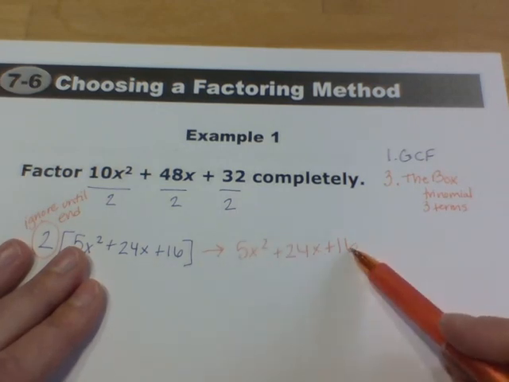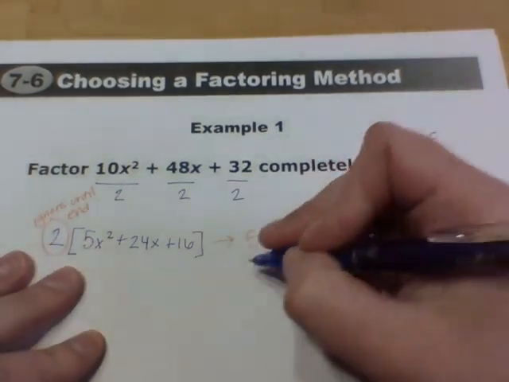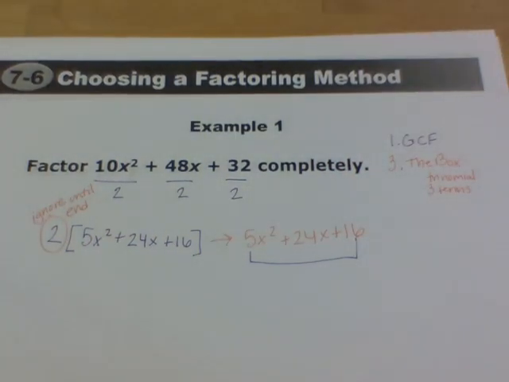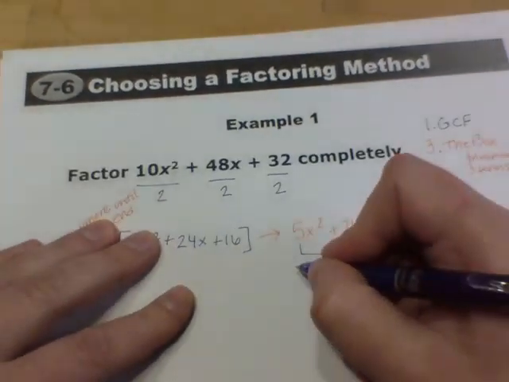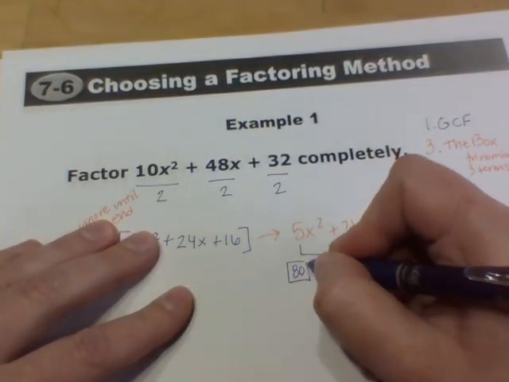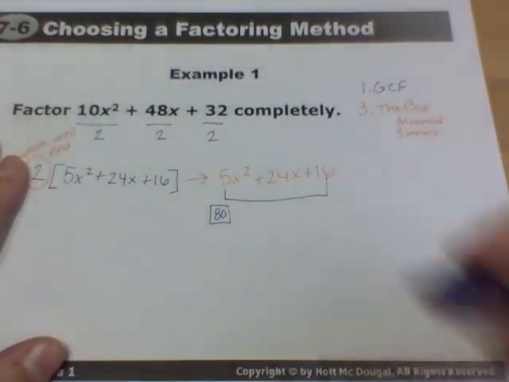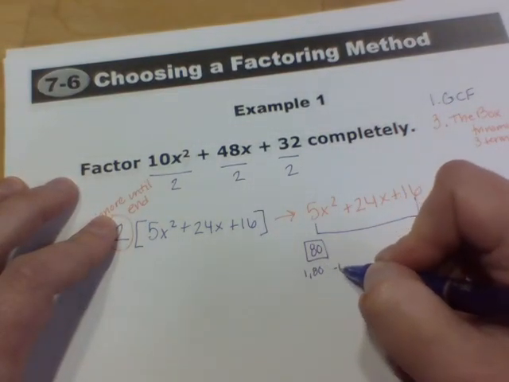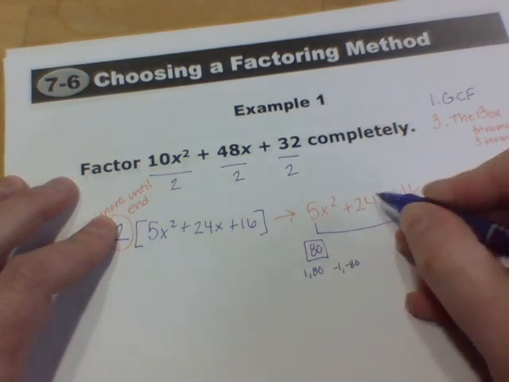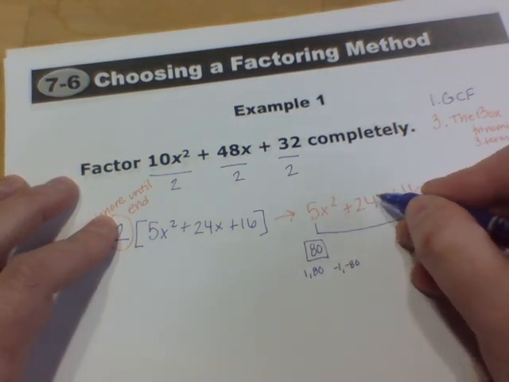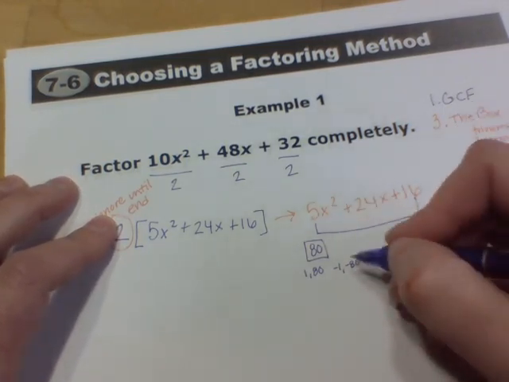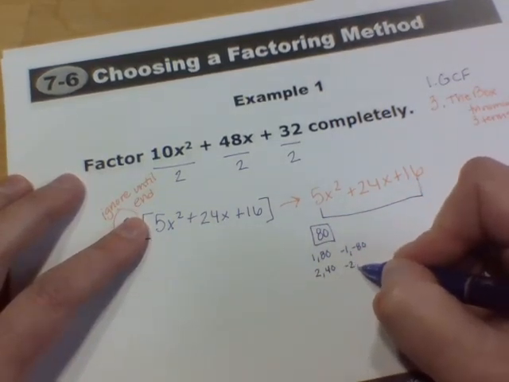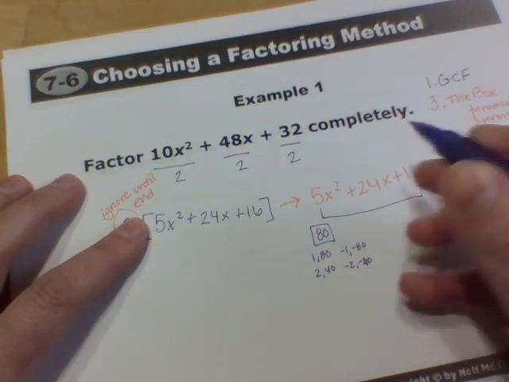In this case, we now have to do the one where we say, what is 5 times 16? And that's 80. And then what are the factors of 80 that add to be 24? So factors of 80 are 1 and 80, negative 1, negative 80, which if I look at this middle term here, I'm probably not going to need the negatives, but I will be redundant. So 2 and 40, negative 2 and negative 40, that's a 4.